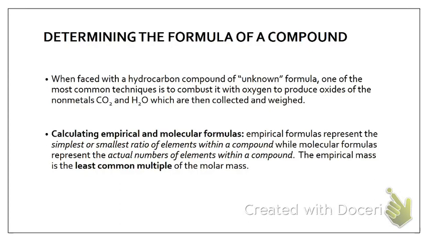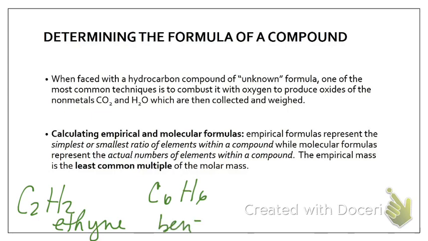empirical and molecular formulas. If you remember, when we talk about empirical and molecular formulas, empirical is the simplest ratio, and molecular is what it actually is. Because if I were to take these compounds, C2H2, which is ethyne, and C6H6, which is benzene, those are 2 different compounds with 2 totally different properties.